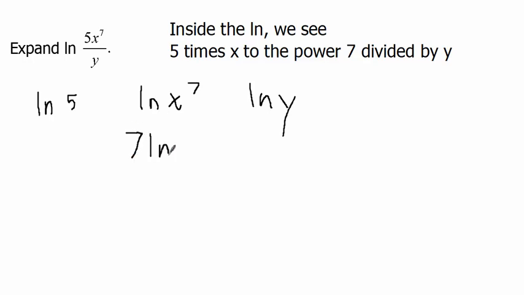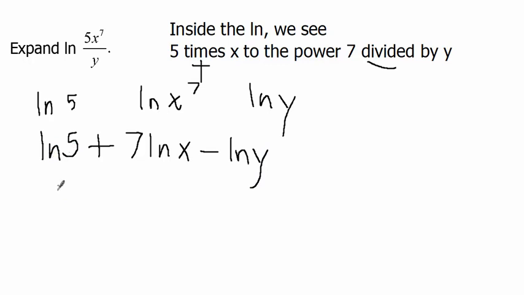So this becomes 7 ln of x. And then, since these 2 terms on top are multiplied, that changes to addition. Division changes to subtraction. And ln of 5, I could do it, but it's an irrational number, so I'm going to leave it that way.